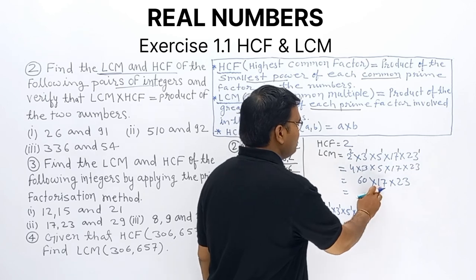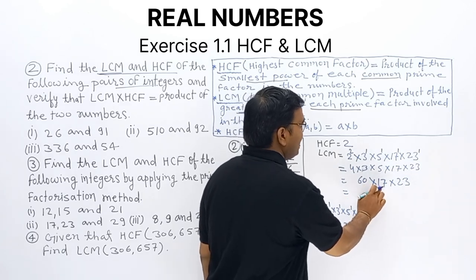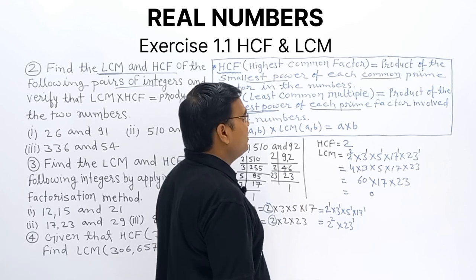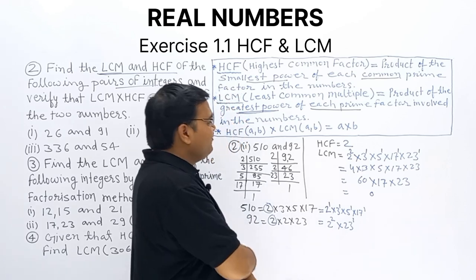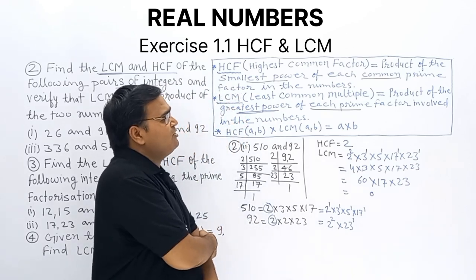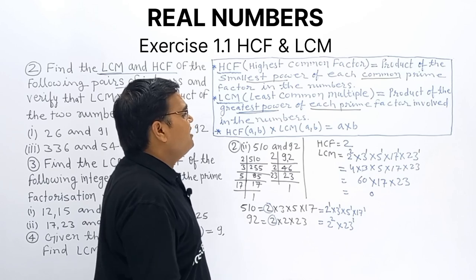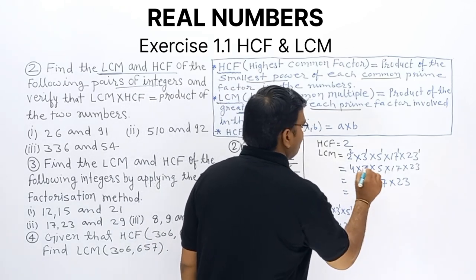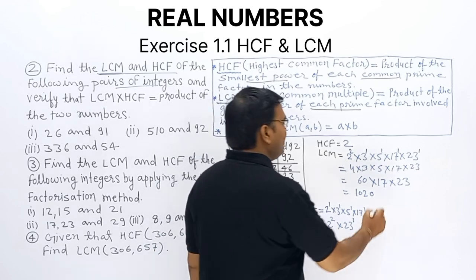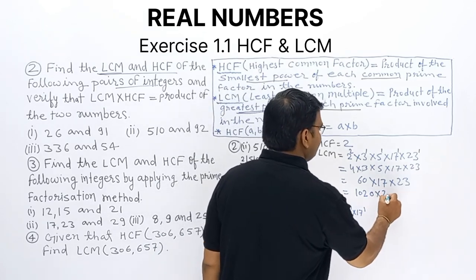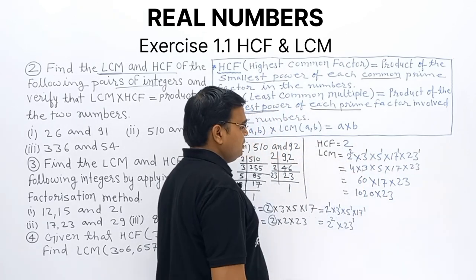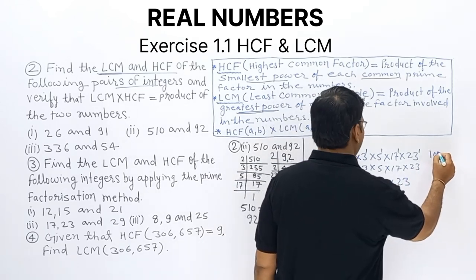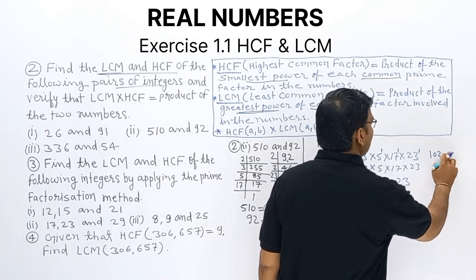How many times is it going? 0 first. 17 sixes are 102. 17 fives are 85 and 17 sixes are 102. Then multiply this by 23. And what result am I writing there? 10220.